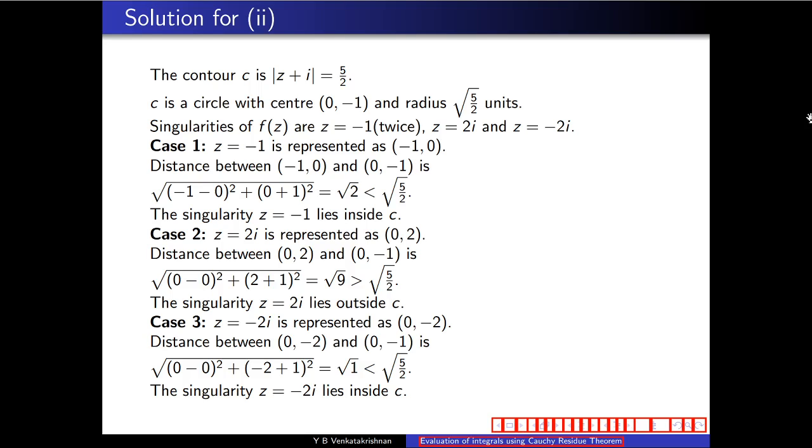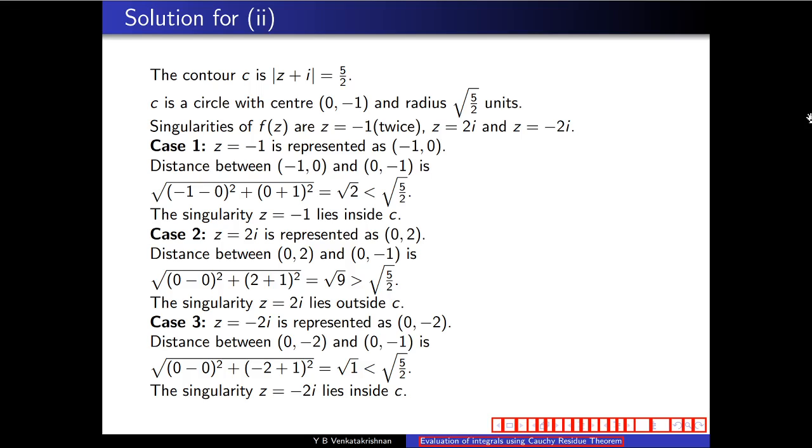Now I take the second singularity, z is equal to 2i, and I can represent this as 0 comma 2, because z is equal to 2i does not have any real part, and of course the imaginary part is 2, so 0 comma 2.